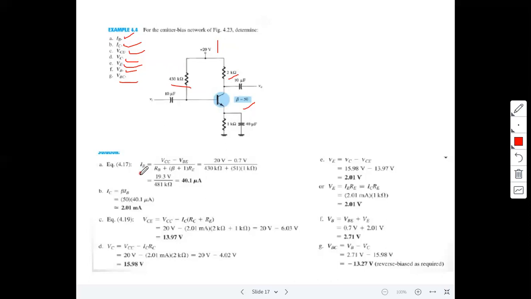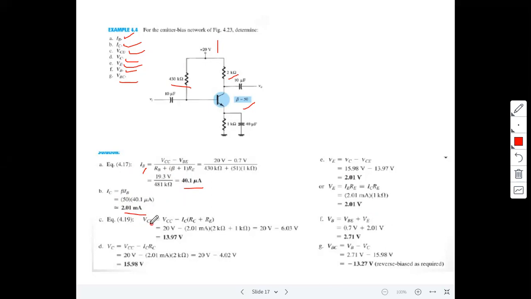Now observe here, IB is equal to VCC minus VBE by RB plus (1 plus beta) times RE. According to that, it is 40.1 microamperes. Once you know IB, then IC is equal to beta times IB, which is 2.01 milliamperes.